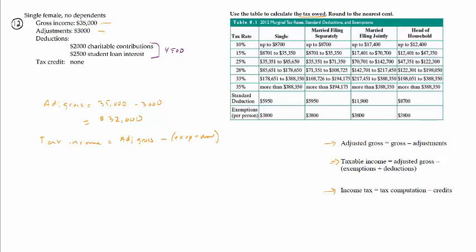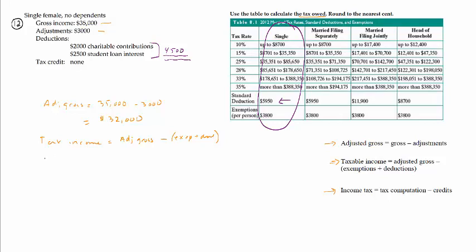But then what is my standard deduction? Okay, so I'm a single female with no dependents. So a single female right here. I'm using this column. The standard deduction is $5,950. Since that's greater than my individual deductions that I had up here, I'm going to go with that one. That one's higher.